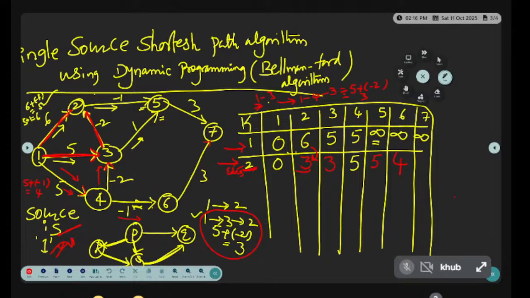If you go with this way, 1 to 2, 2 to 5, 5 to 7, again 3 steps. In 2 steps, there is no possibility. 1 to 5, 1 to 3, 3 to 5, 5 to 7, 3 steps. 1 to 4, 4 to 3, 3 to 5, 5 to 7, 4 steps. In 2 steps there is no way.